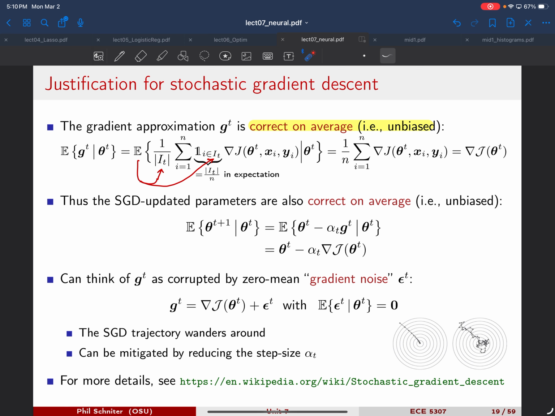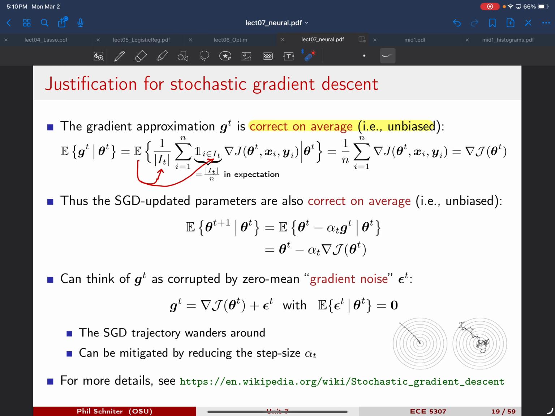Okay, so this is the average value of the new parameters given the old ones. So this is our gradient descent update rule. Since we're conditioning on the old ones, we can just take this out of the expectation. And then we just computed this above, which equals this.